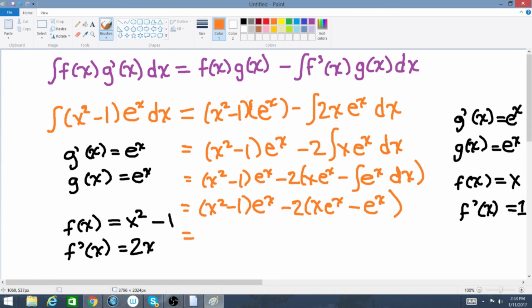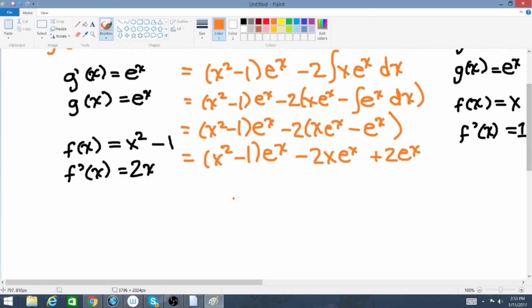And in this step, let's expand the bracket and bring it all out. So we have x squared minus 1 e to the x minus 2x e to the x plus 2e to the x. Let's bring this down a bit. Now if you notice, each of the terms has e to the x, so we can actually just factor that out.